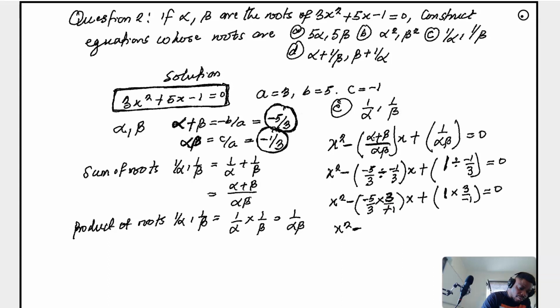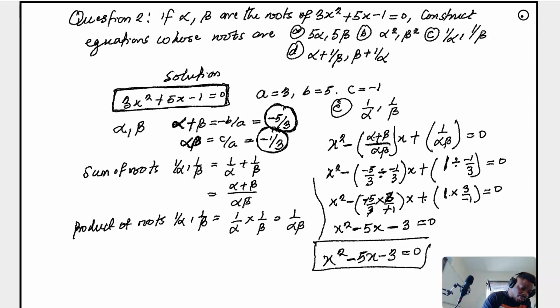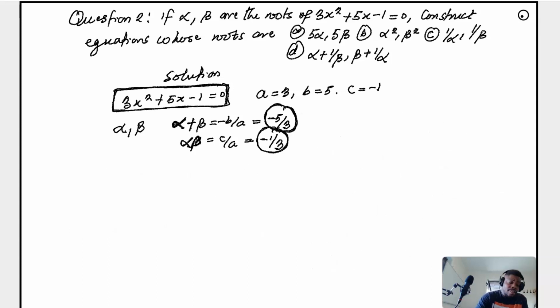Minus times minus cancels minus, and 3 cancels 3, so we only have 5x. Plus times minus is minus, so 1 times 3 is 3, equals 0. So we have gotten this quadratic equation using these roots.